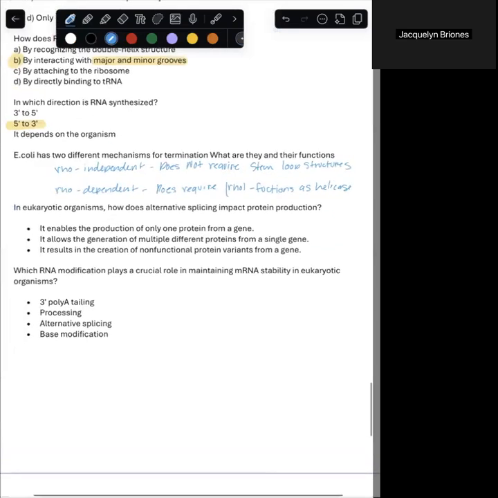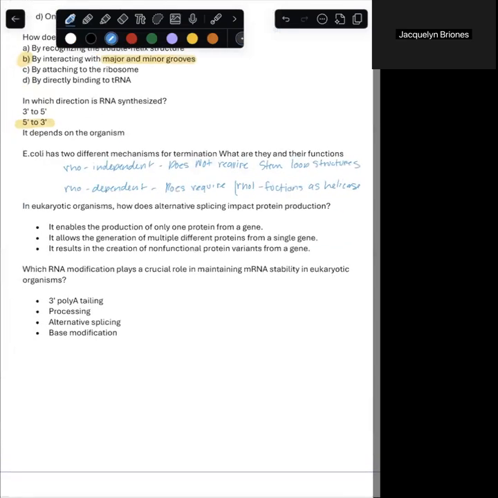In eukaryotic organisms, how does alternative splicing impact protein production? So, it enables the production of only one protein from a gene? That's the opposite of the reason why we have alternative splicing. It results in a non-functional protein variant?